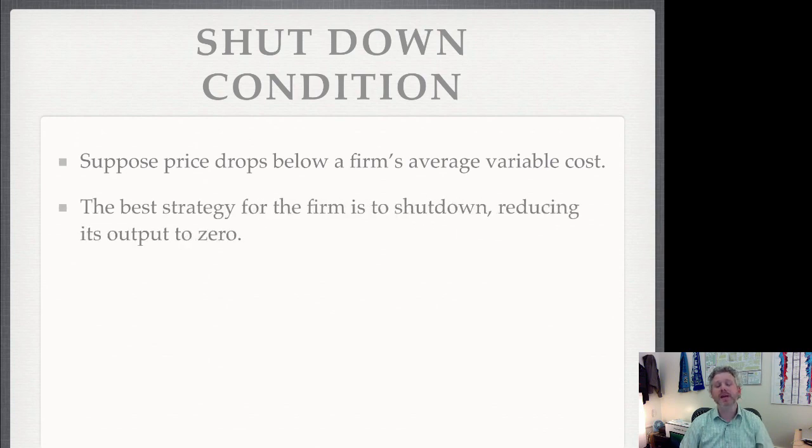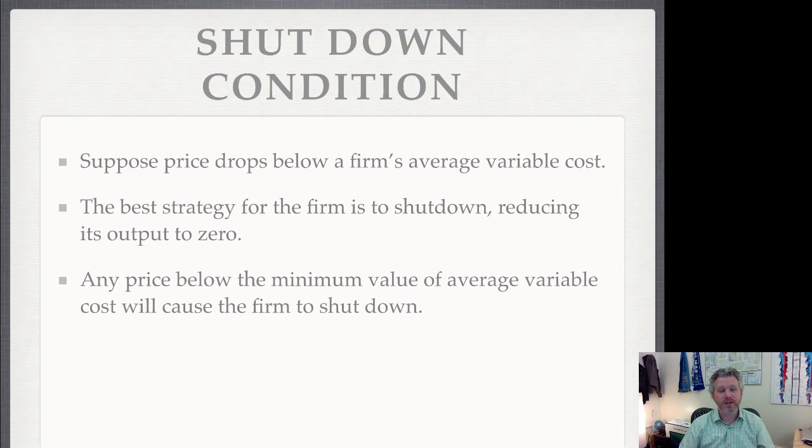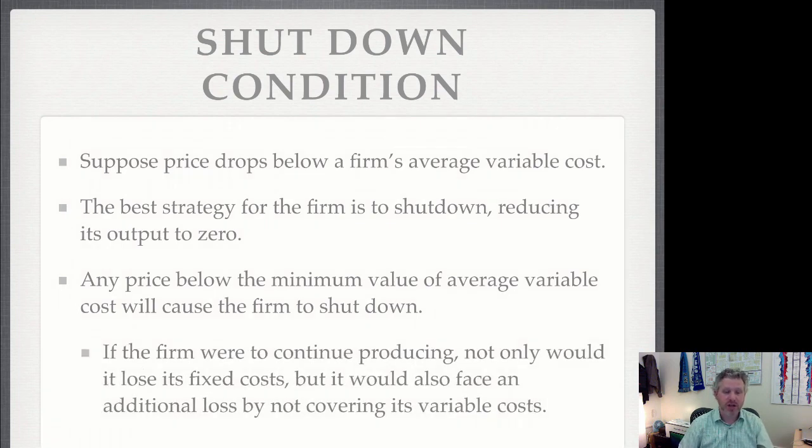This is going to be where a firm wants to shut down. When the price drops below their average variable cost, then the firm wants to shut down. Any price below that will cause them to incur losses that are so big that they don't even want to incur the fixed costs anymore. They just want to shut down and cut their losses because they cannot do any better than shutting down.